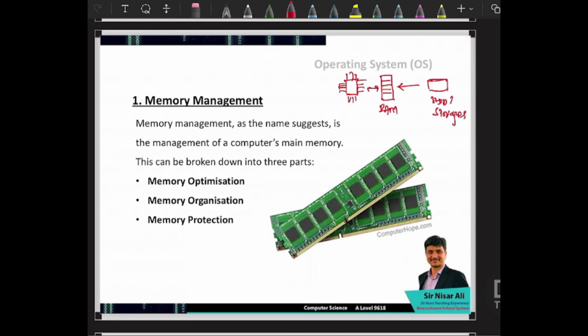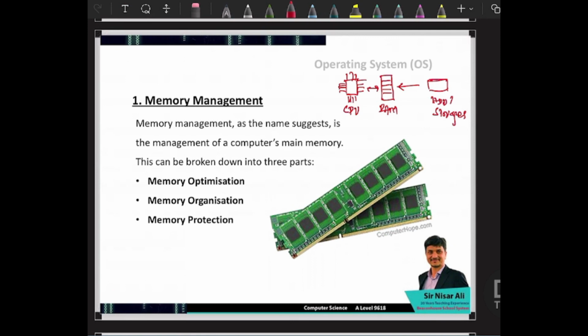So first the program or part of the program will be loaded into the RAM, and then it is available to the CPU for its processing.